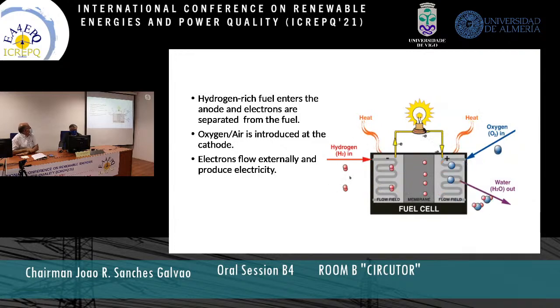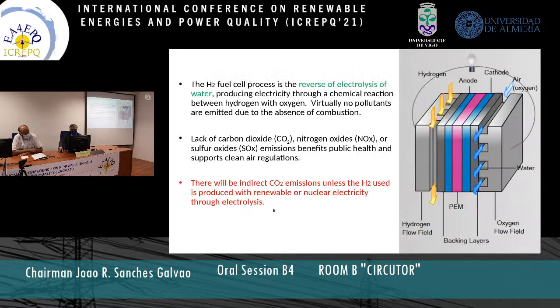So the inputs into the system are hydrogen and oxygen, which is shown by the blue arrow here on the right side, and that usually comes from air. And what goes out of the system are, of course, electricity, heat, and water.